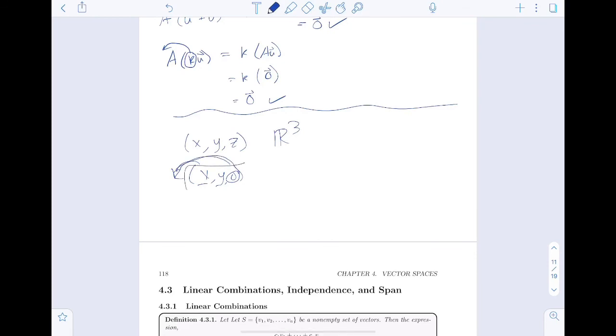And so these things will stay on the xy plane, and you can do the same thing for the xz plane or the yz plane. That's kind of what I mean about a subspace. Things that stay on this plane will stay on that plane. And that doesn't work when you go off the plane, and I'll leave that to you.